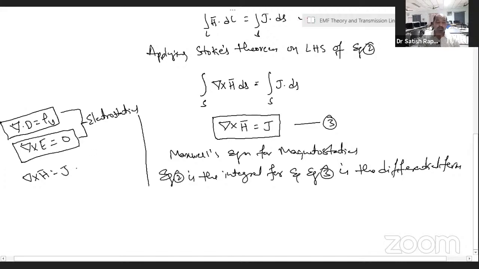Let us say this is the first Maxwell's equation, this is the second, this is the third, and the fourth Maxwell's equation we will discuss later.